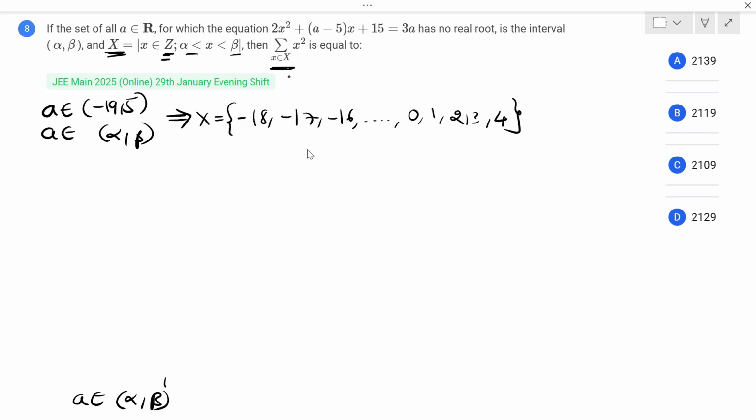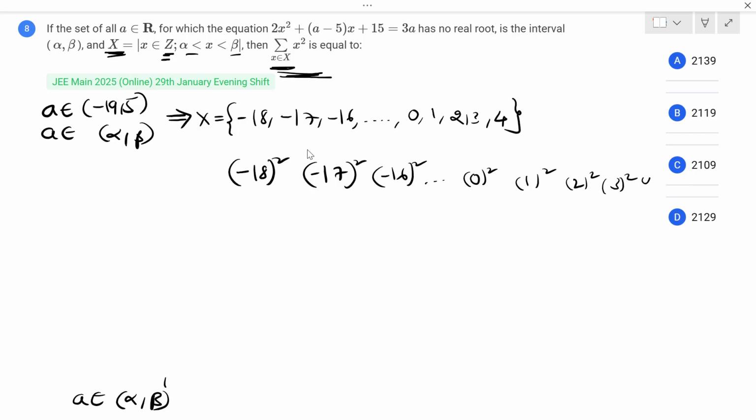Now what he is saying is, now do the squares of these integers you have collected in capital X and do the summation. Sigma means what? Here summation, which means that first let me do the x squares, which is squares of these integers. Minus 18 square, minus 17 square, minus 16 square, next dot dot dot up to again minus 1 square will also come, 0 square will come, 1 square will come, 2 square will come, 3 square, next 4 square.